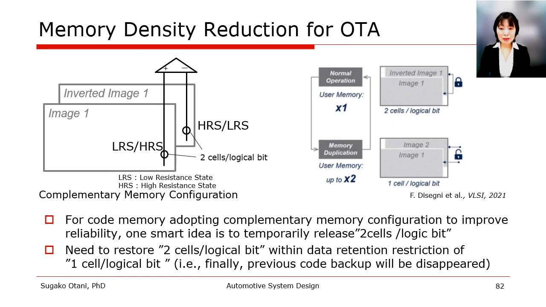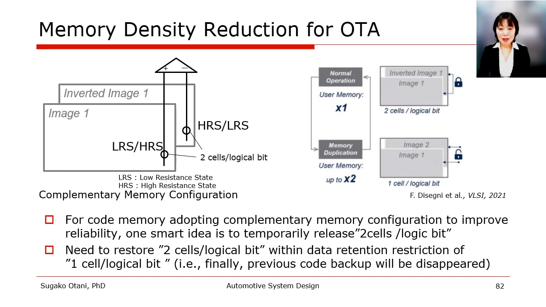Next, I would like to introduce one idea to reduce memory density overhead for OTA. This idea is applicable to complementary memory configuration, in which one logical bit of data is stored by two memory cells to improve reliability, such as data retention. In OTA operation, the inverted relationship is temporarily released, and a new code is programmed in the area that originally stores the inverted image.